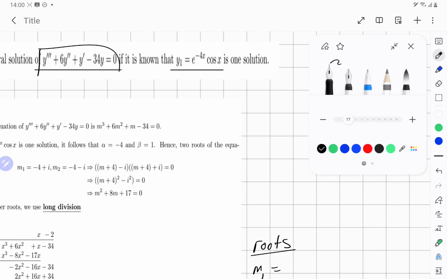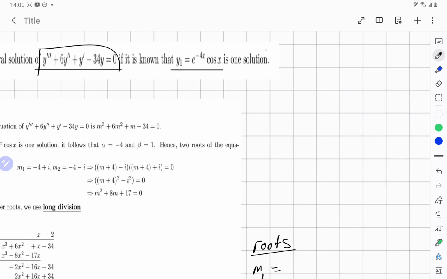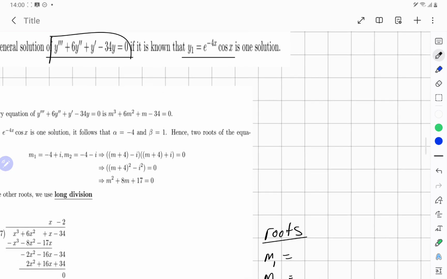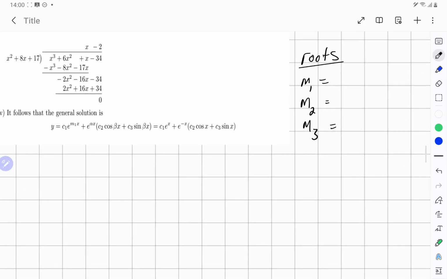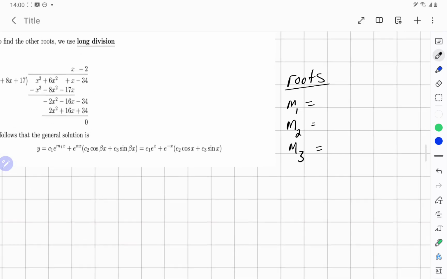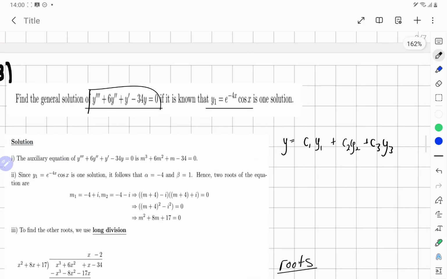So remember what's going to happen here, because it is a cubic differential equation. Our solution will be in this form: plus c2y2 plus c3y3. I hope you remember that from our previous videos.